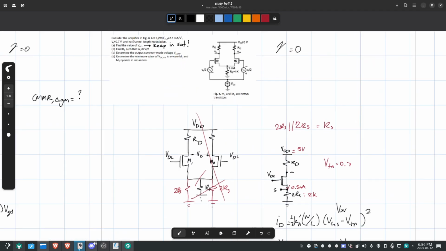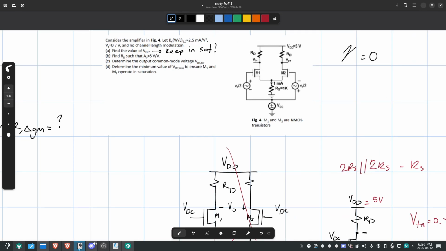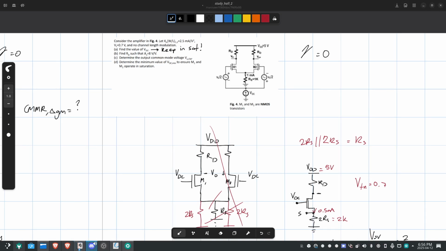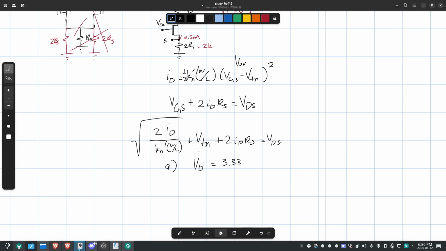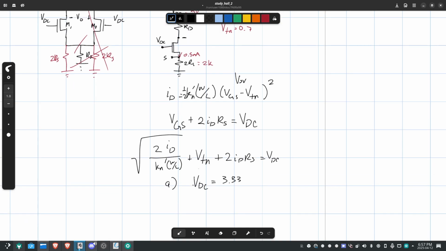Thank you again. Find RD such that AV is 8 volts over volt. 2.33. Did I? Yeah, that's VDC. Sorry. Too many letters. Two times 0.5 times 2. Yeah, that's 2. Oh, sorry. ID 2RS.